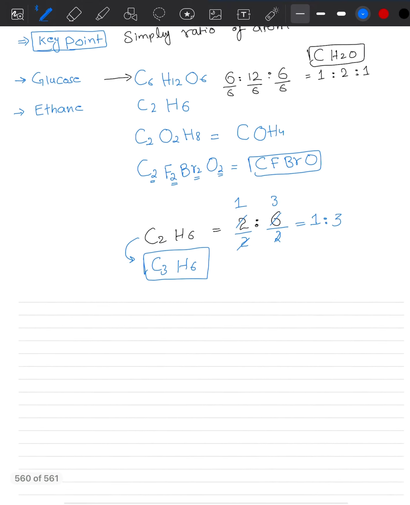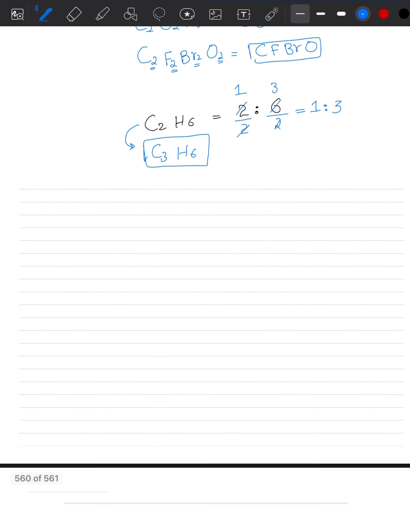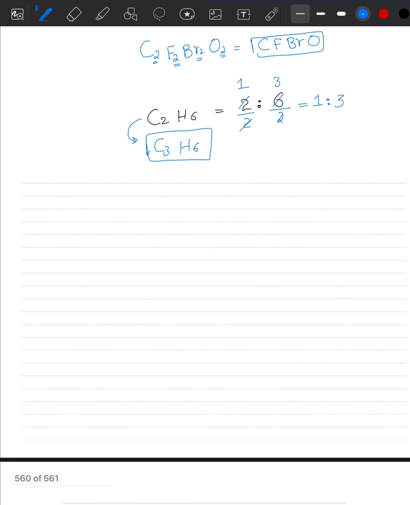Now we learn how to change empirical formula into molecular formula, the reverse of this step.